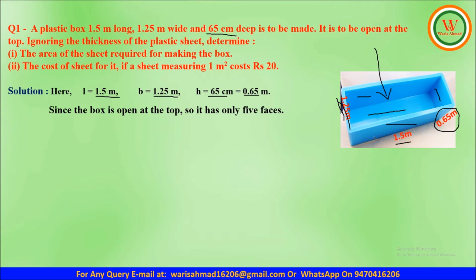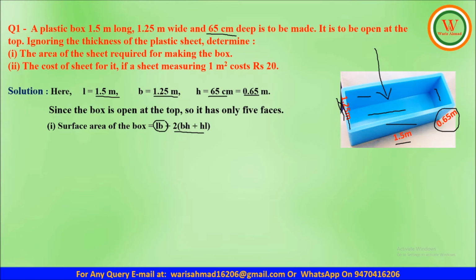So here we can write, surface area of the box will be equal to area of base, that is equal to L into B, plus area of 4 walls. The formula of area of 4 walls we can use 2 under bracket B into H plus H into L. Instead of writing this formula, we can use another formula also, 2 under bracket L plus B into H.